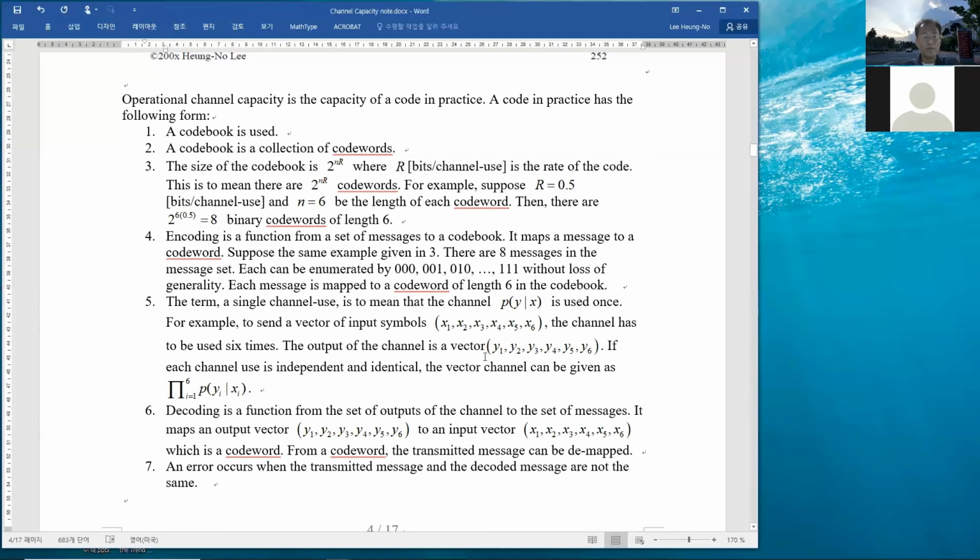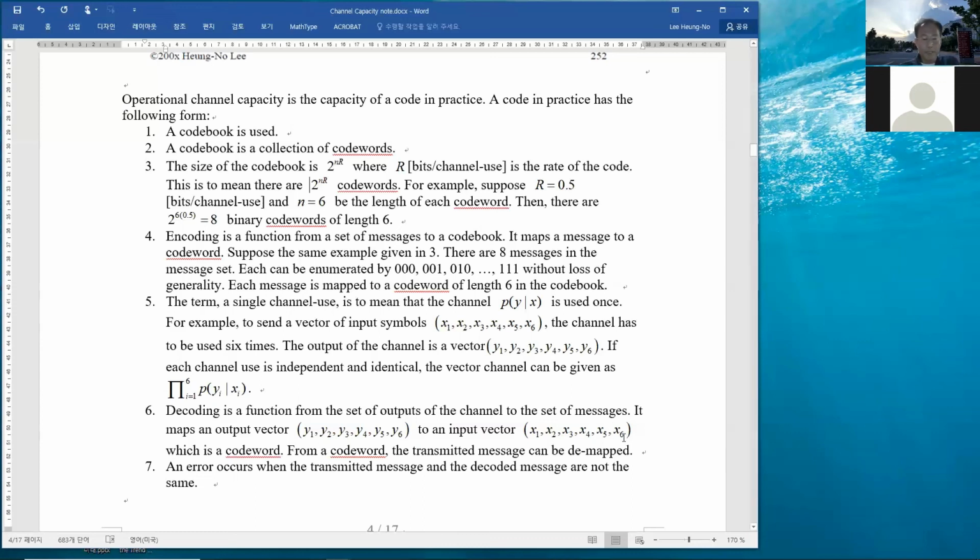Once you get this received vector, you do the decoding at the receiver. Decoding is a function from the set of outputs of the channel to the set of messages. First, it maps an output vector to an input vector, basically doing the demapping that was done at the transmitter.